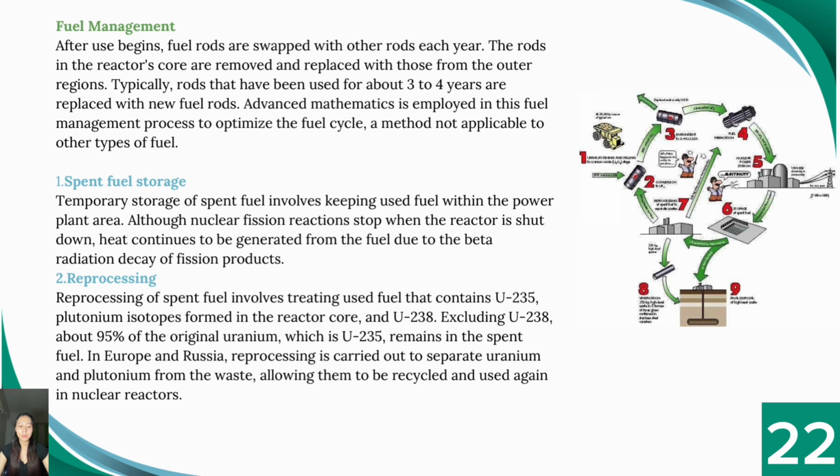About 95% of the original uranium, which is uranium-235, remains in the spent fuel in Europe and Russia. Separation is carried out to extract the uranium and plutonium from the waste, allowing them to be recycled and used again in the nuclear reactor.